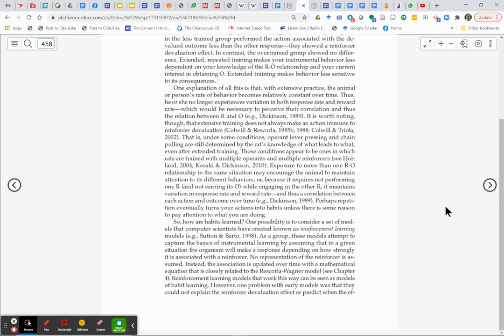And then reinforcement learning models. These models attempt to capture the basics of instrumental learning by assuming that in a given situation, the organism will make a response depending on how strongly it's associated with the reinforcer. And the association is updated over time with a mathematical equation that you are spared from learning that's closely related to Rescorla-Wagner.